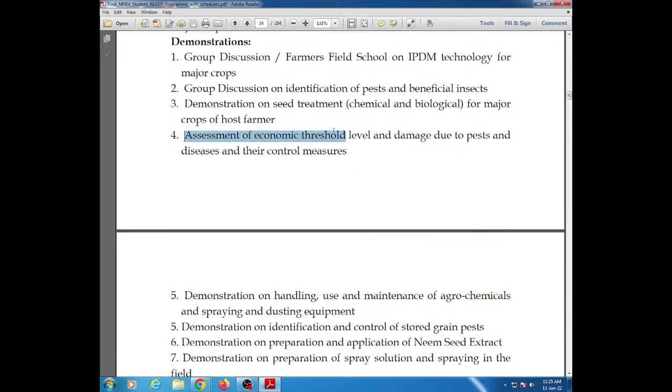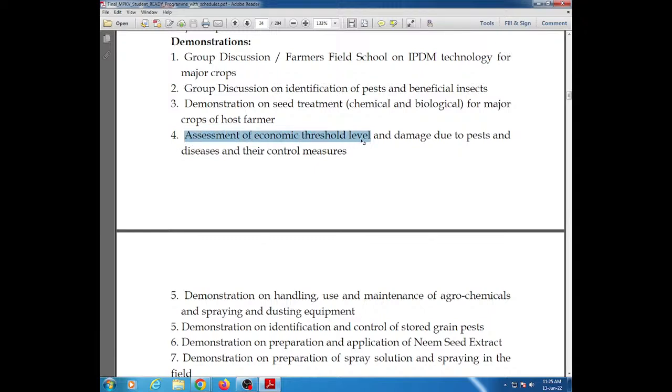Assessment of economic threshold level, as I have told you earlier, from the observations that you are taking from the field, in those observations only you are going to get the data for your schedules. Within those schedules you can do this assessment of economic threshold level.